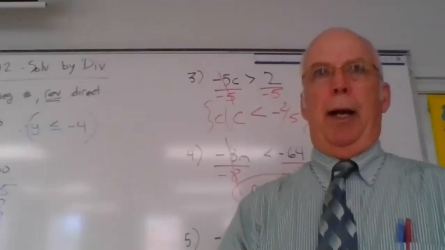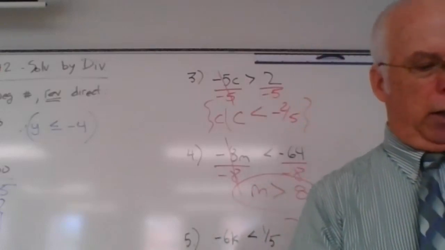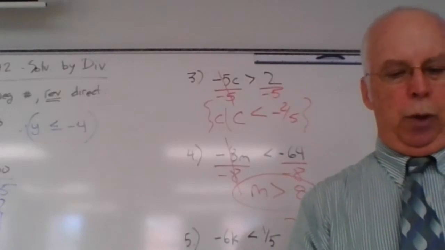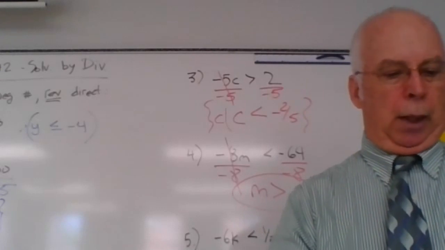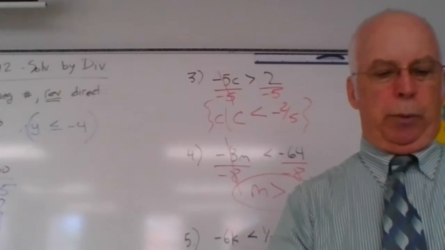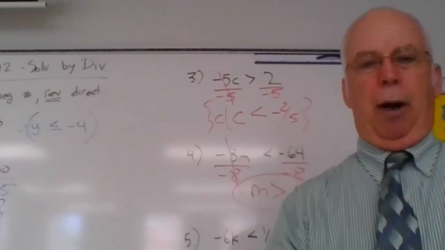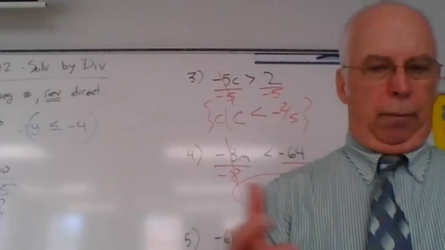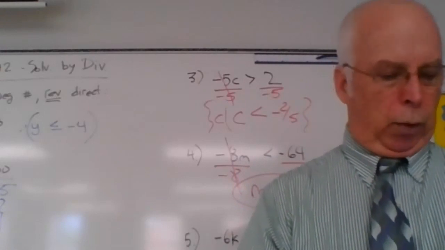This problem set is loaded on Blackboard now, the correct problem set. Write this down on your worksheet if you haven't downloaded it. It's 5-2, problem set number 2. It's solving inequalities by multiplication and division, and there's a big box at the top that talks about the properties of dividing inequalities, particularly the negative component and having to reverse the direction of the inequality.